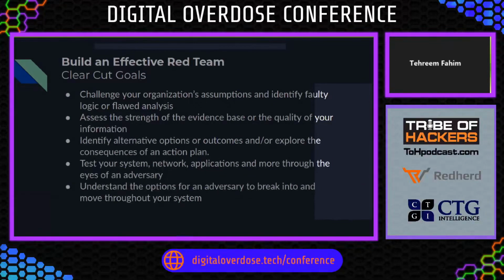Fourth, test your system, network, application, and more through the eye of an adversary so that you know where the attack can come from and where to expect them. And last but not least, understand the options for an adversary to break into and move throughout your system.